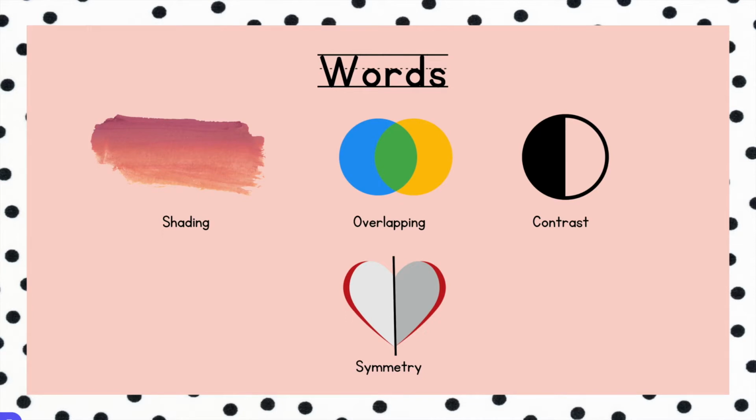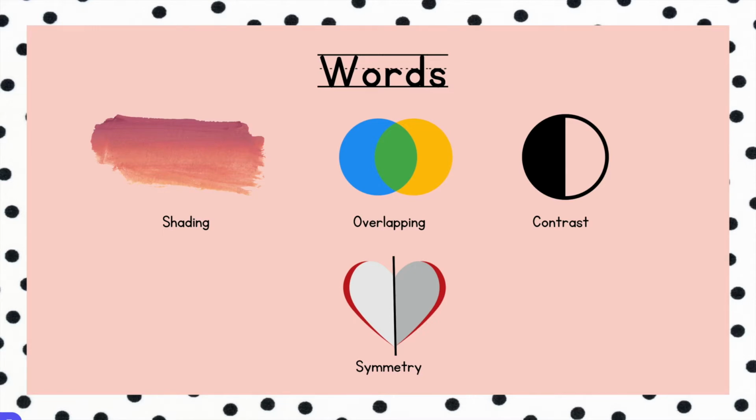We might use overlapping. So we would have parts in front and parts in the back. So for example, in our bee drawing, the wings are overlapping the bee's legs. Contrast is where we put 2 dark and light things together. So we're going to be using contrast with our shading.